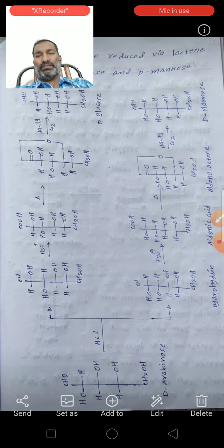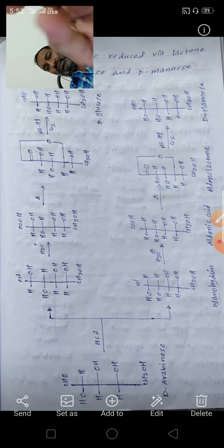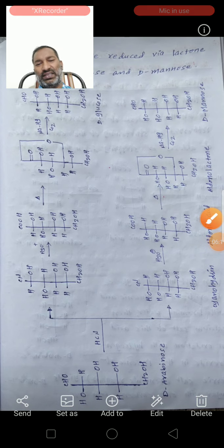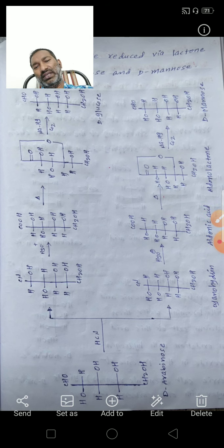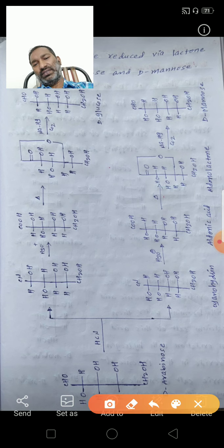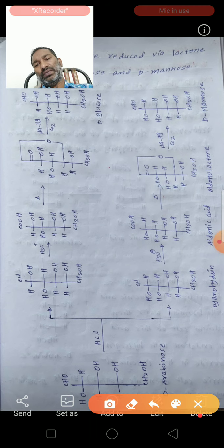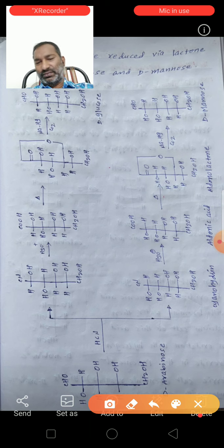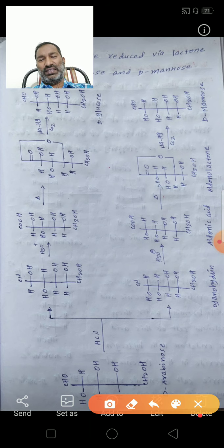See here the reaction. First take D-arabinose, containing 5 carbon atoms. This is the aldehyde functional group. Second carbon: H is right, OH is left.